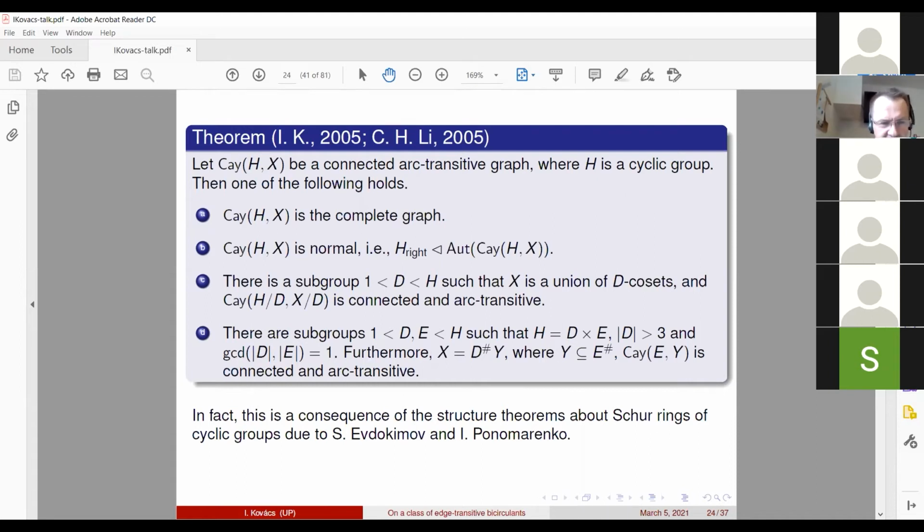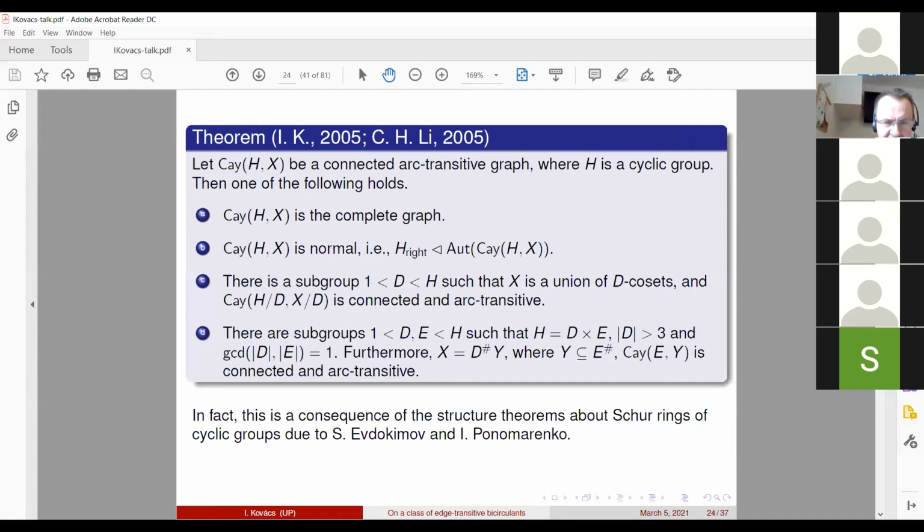Now, in family C and family D, the graphs are described via the connection set. In family C, there is a proper subgroup D of the group H, such that X is a union of D cosets. This is the important information which we have to remember. It's also true that the corresponding Cayley graph is still connected and R-transitive, but this is not important to us.